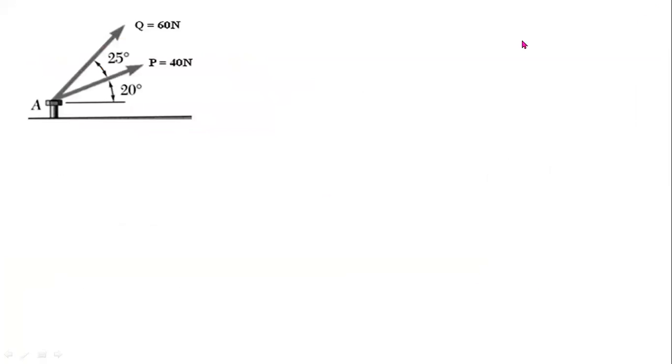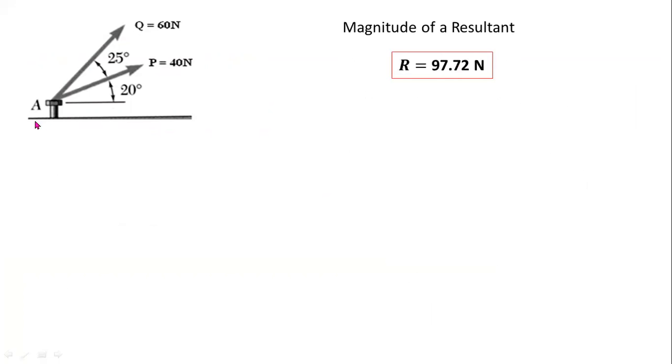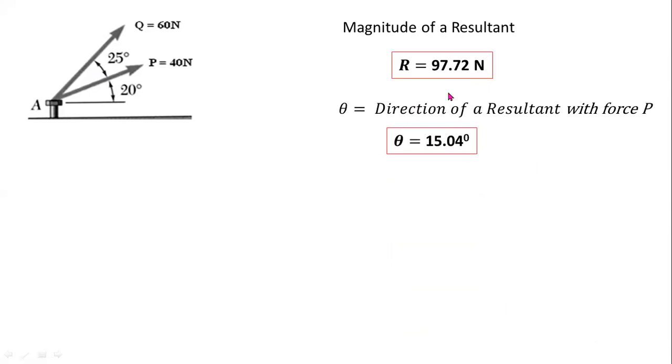I will show the resultant. From the previous calculations, we got the resultant R equal to 97.72 newtons, and angle theta, the direction of the resultant, equal to 15.04 degrees.